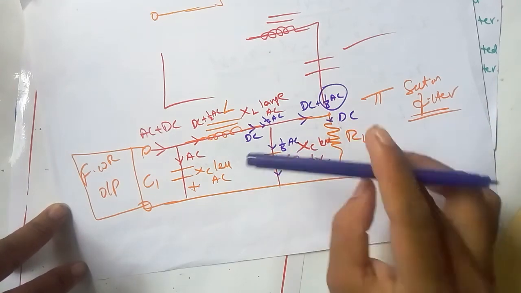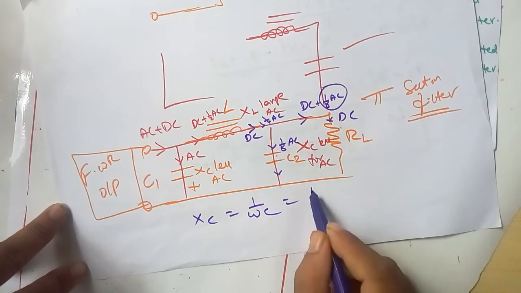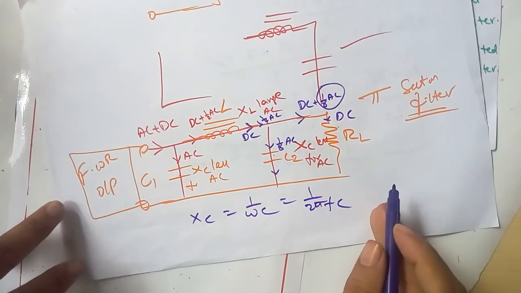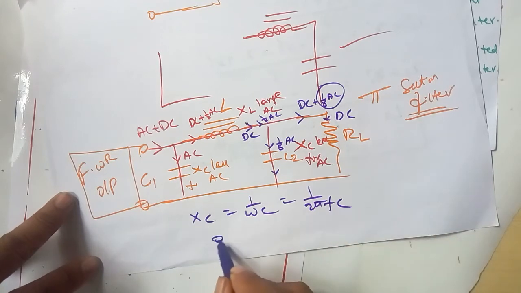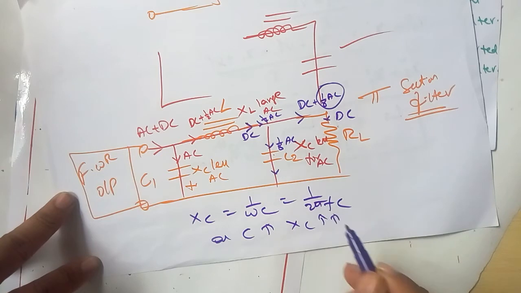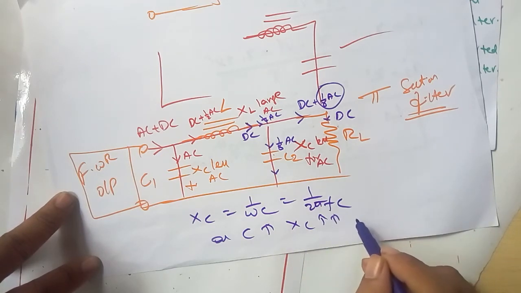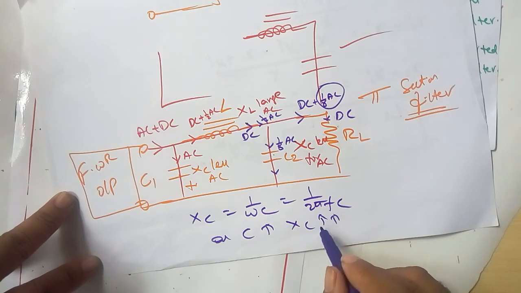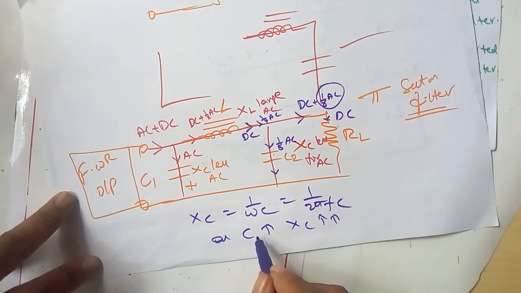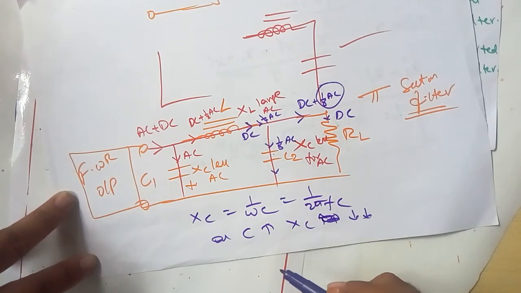See here, capacitive reactance XC is equal to 1 by omega C, that is 1 by 2 pi FC, right? As capacitance is more, XC is less, meaning less opposing force.